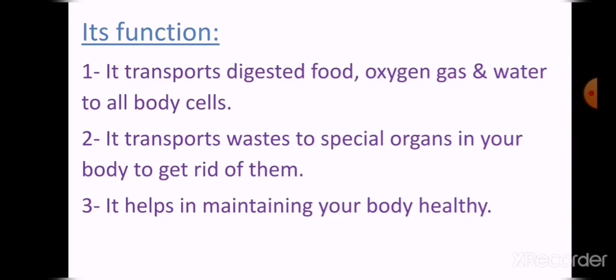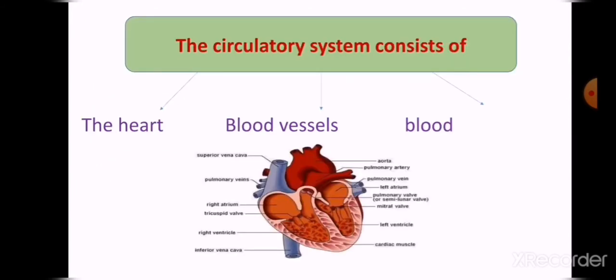In this lesson, junior 5, we are going to study the structure of the circulatory system, and also the path of the blood through the heart, and the last part in this lesson, how to keep your circulatory system healthy.